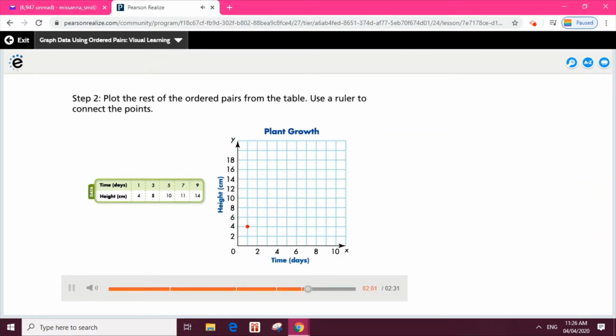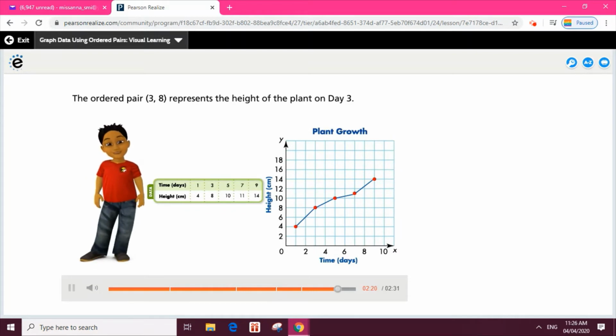Step 2. Plot the rest of the ordered pairs from the table. Use a ruler to connect the points. What is the ordered pair representing the height of the plant on day 3? The ordered pair 3, 8 represents the height of the plant on day 3.